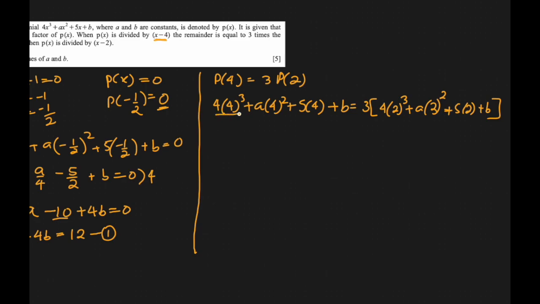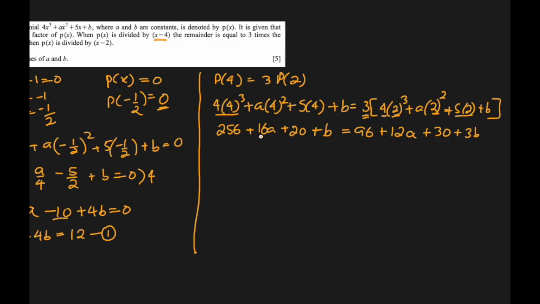So this is 256, then 16a plus 20 plus b equals 2 cubed is 8 times 4 is 32 times 3 is 96. A times 2 squared is 4 times 3 is 12a. 5 times 2 is 10 times 3 is 30. And then we have 3 times b, 3b.